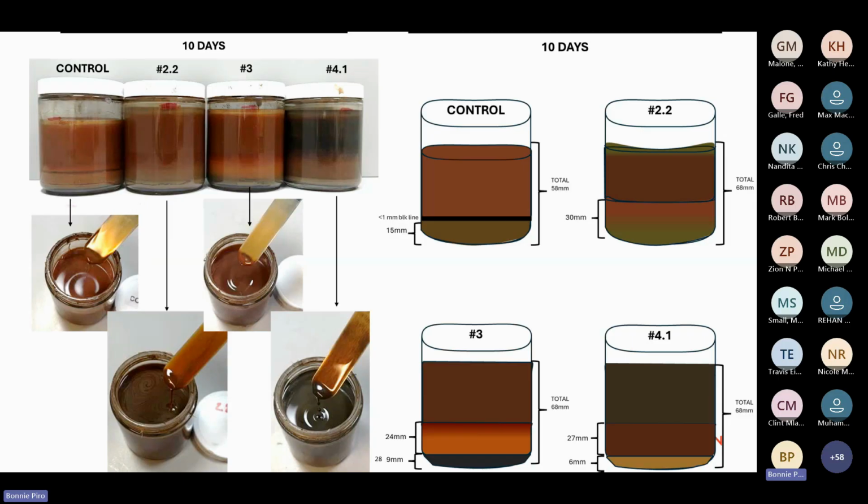How they were dispersed is different. The formulation of the dispersion is different in here, and what we see is a variety of results in terms of settling and separation after 10 days of sitting in here. So depending on where you need to be, what might be one choice is better than the other in terms of these types of properties.